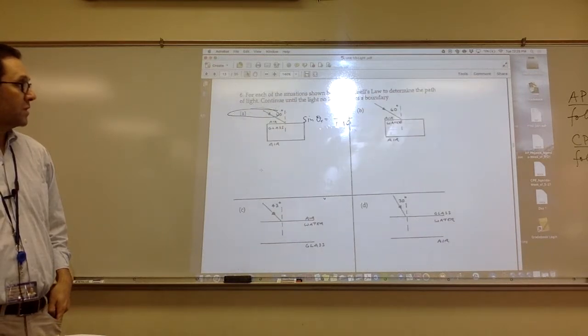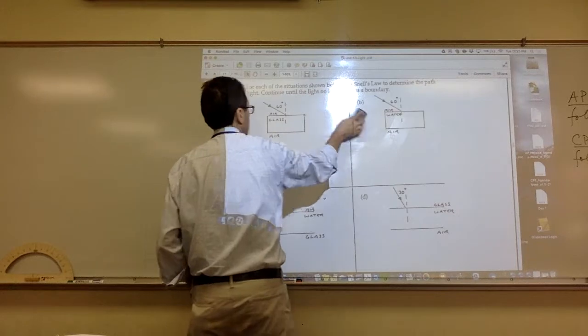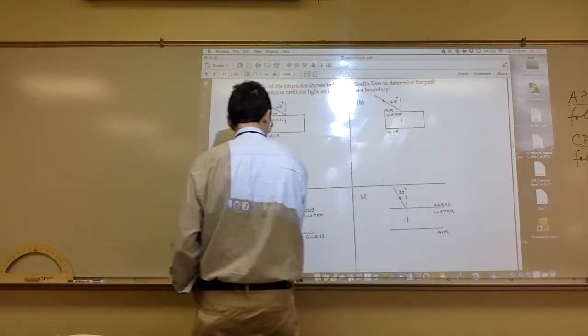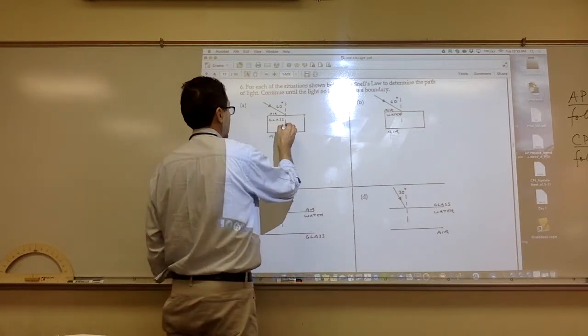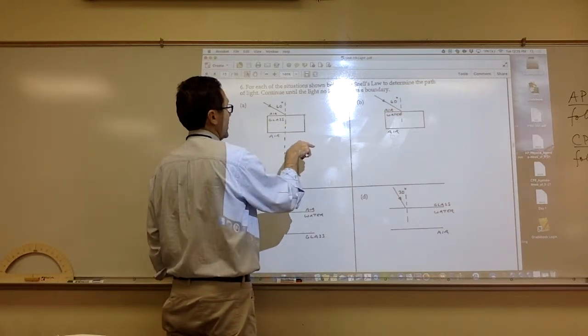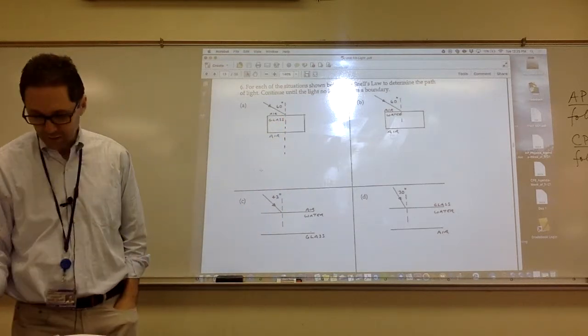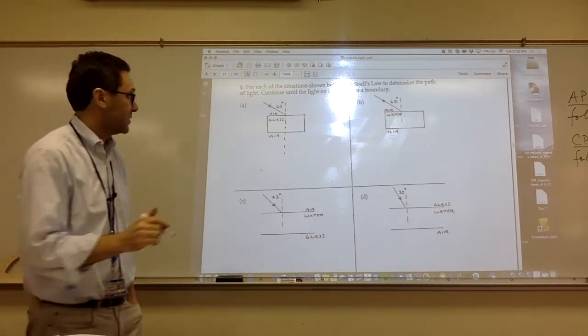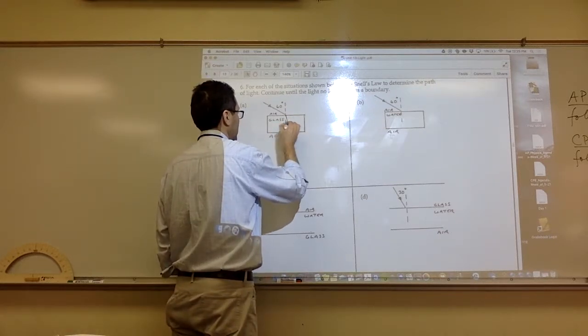Now for these drawings here, you just have to follow the answer key on Haiku. So basically what's going to happen here is you're going to bend twice. So you're going from air to glass. I think I use 1.5 for glass. I use 1.52. So you're definitely going to bend in, right?